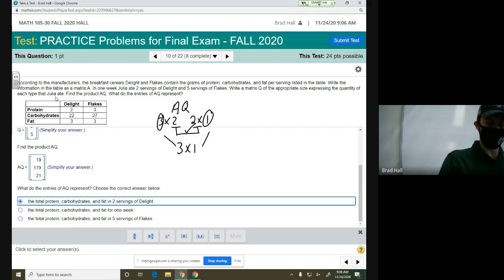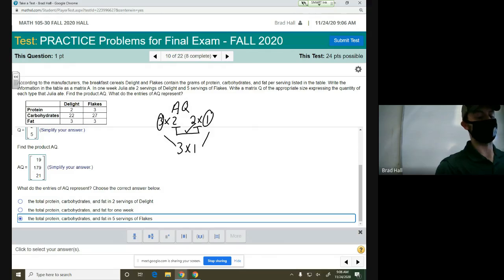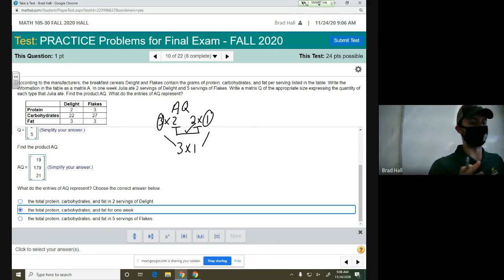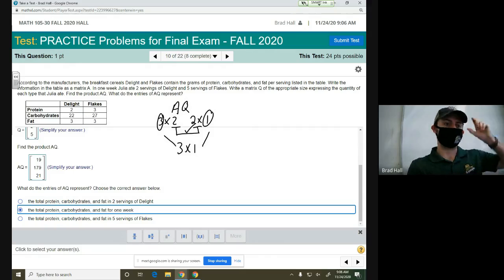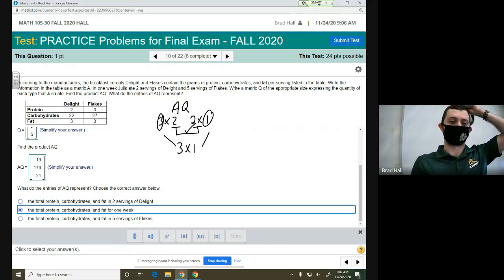So it seems as though my issue with saying that it's either one of the top or the bottom is that the matrix Q had 2 and 5 involved. So it's not just determining one of those things, it's determining really both of those things in consideration. So that's why I'm more tempted to pick the middle option.